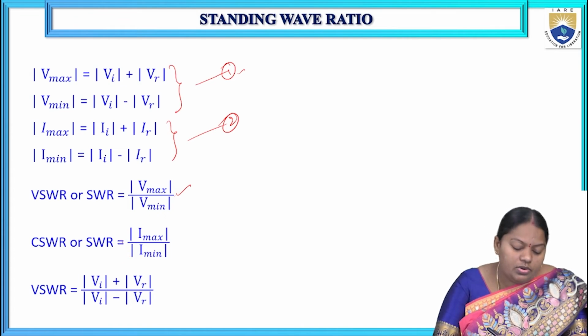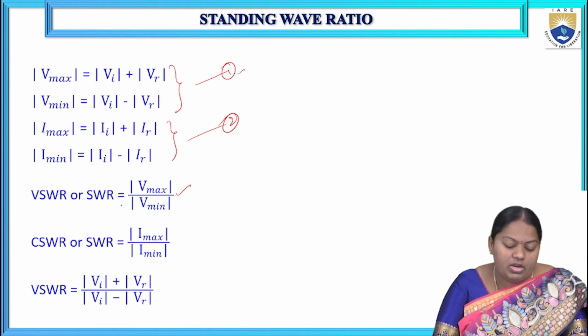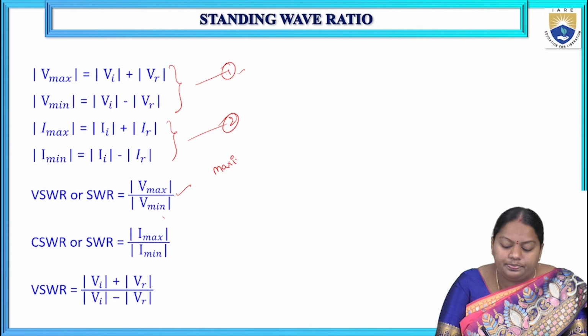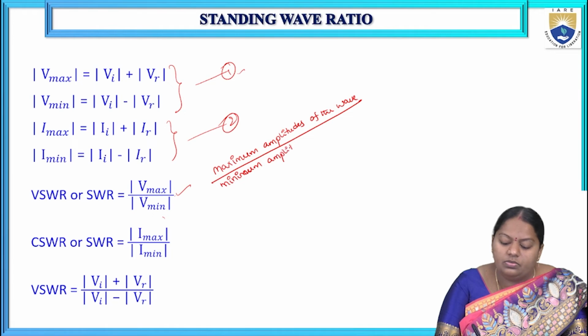Generally it is denoted with S. Now voltage standing wave ratio, or simply standing wave ratio, is the ratio of the maximum amplitude of the voltage to the minimum amplitude of the voltage.